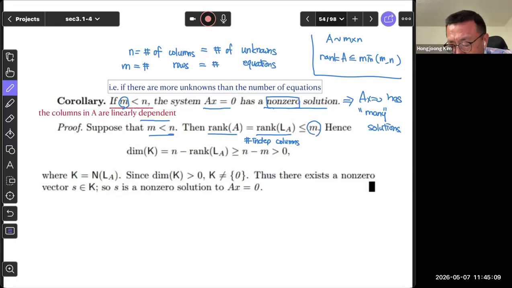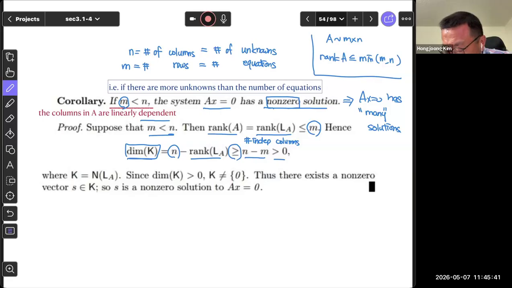So the dimension of this K will be n minus the rank of this matrix, which will be greater than or equal to n minus m, and n minus m is positive. So that means this space has positive dimension.